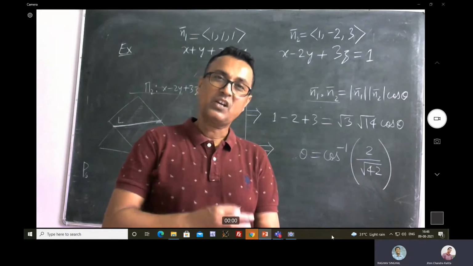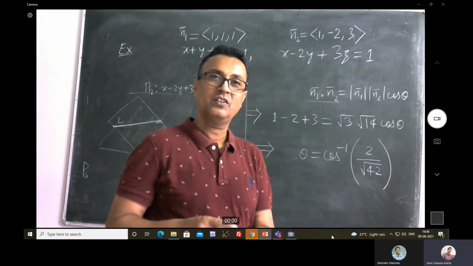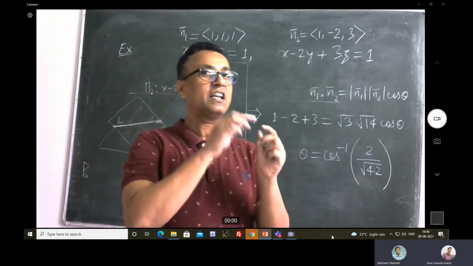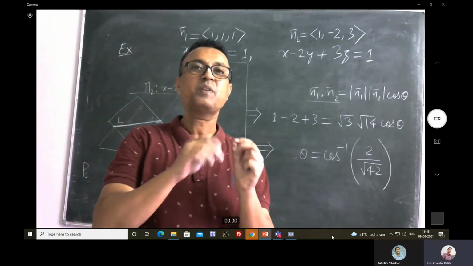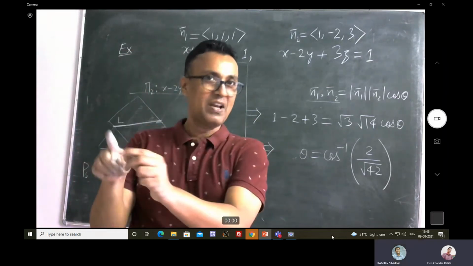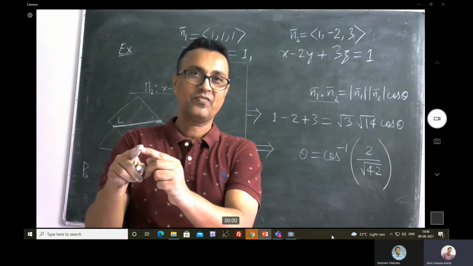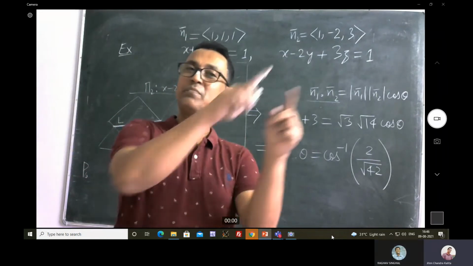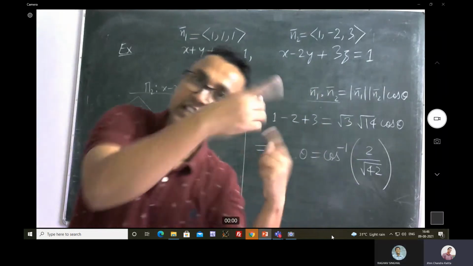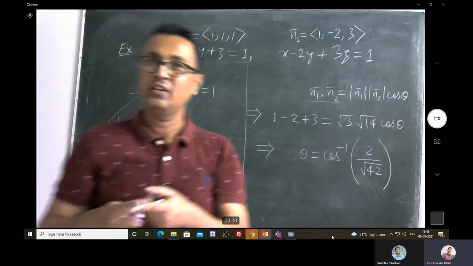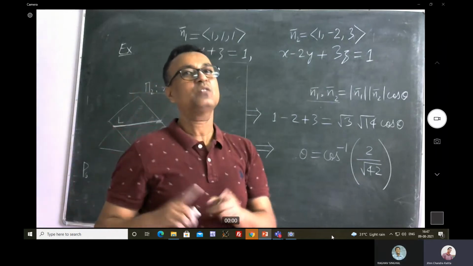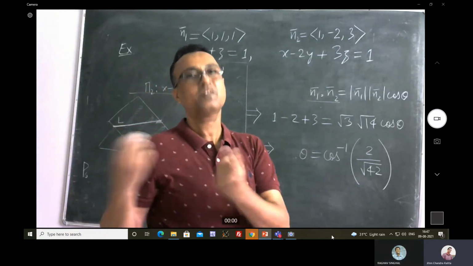Because N1 is normal to pi 1, the straight line L must be perpendicular to N1. Similarly, N2 is a normal to the plane pi 2, on which again the line L lies, so L must be perpendicular to N2 as well, and vice versa.